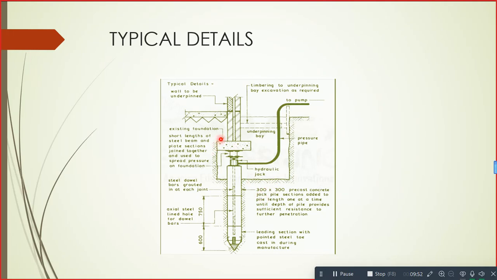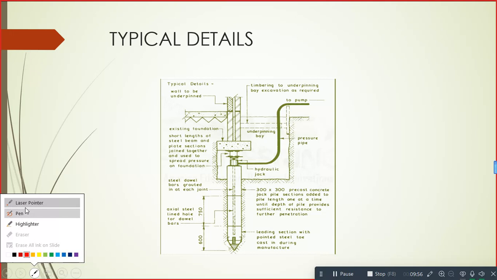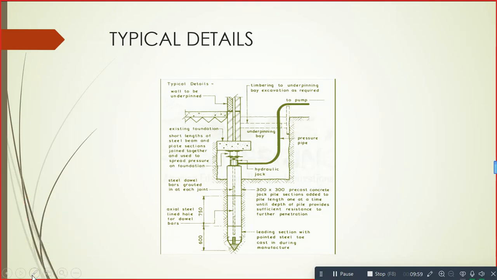Let's now look at the technical details of jack pile underpinning. You can see here the wall to be underpinned. You also have the existing foundation. This is what we are calling the jack pile, all of this part.